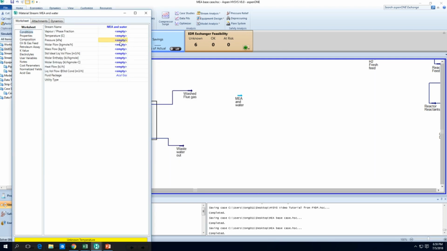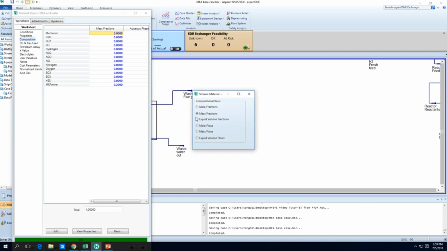Let's have it come in at about 40 degrees, pressure about 200. For the molar flow, we'll try to have a 1-to-1 with the CO2. Let's just give it an arbitrary one first. So let's try putting 1000 so that all our MEA is pretty much saturated.